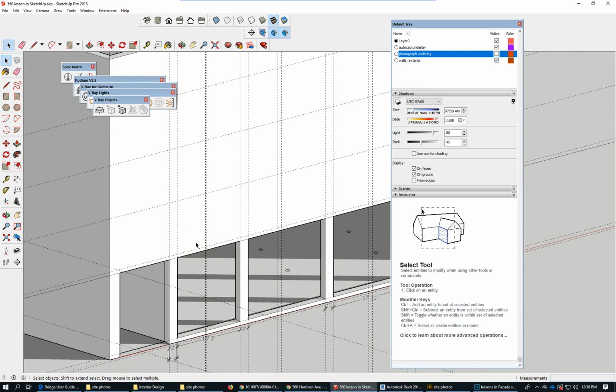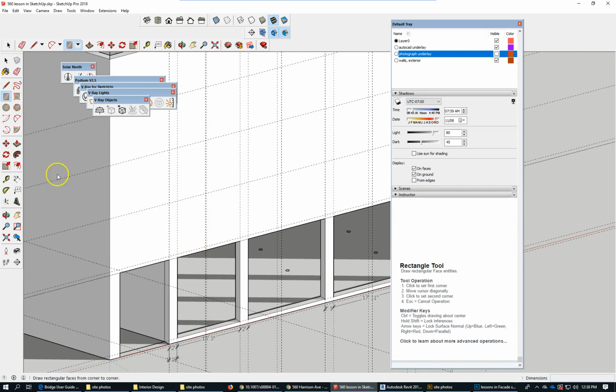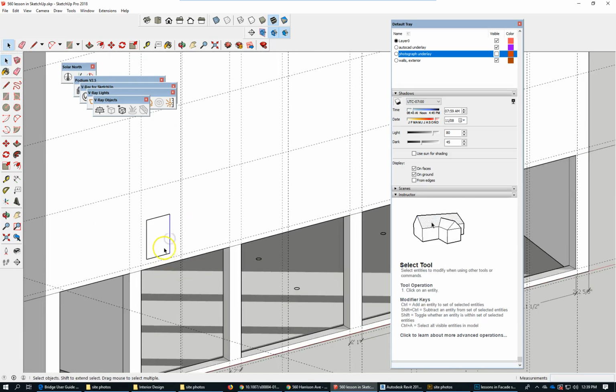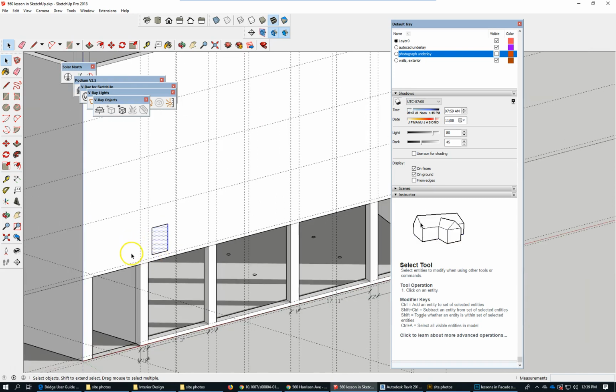Without drawing onto that group, what would happen if I drew a 6-foot, 4-foot window rectangle? We call that the outline for the window.